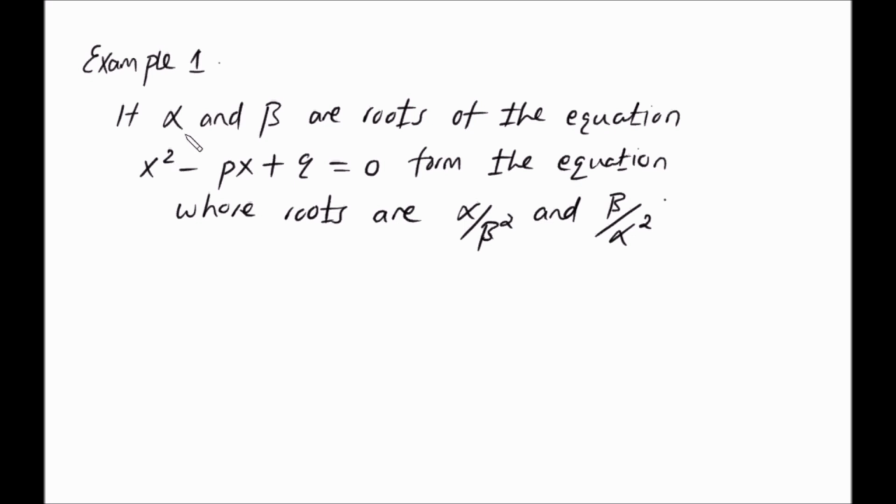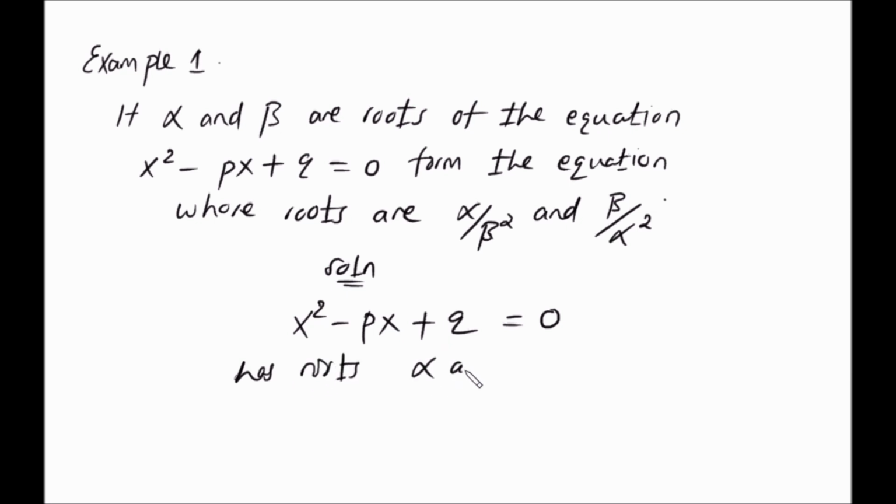It says if alpha and beta are roots of this equation, x squared minus px plus q equals 0. This is the equation, x squared minus px plus q equals 0, and its roots are alpha and beta.